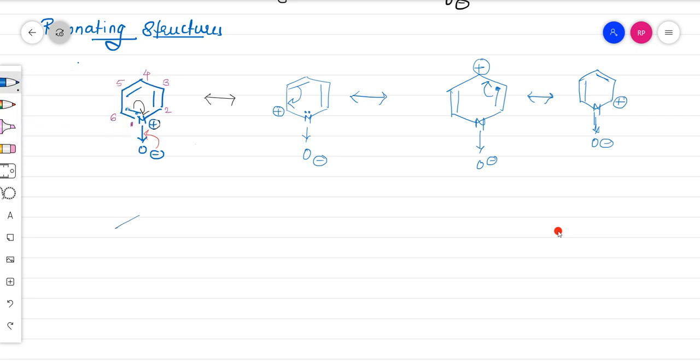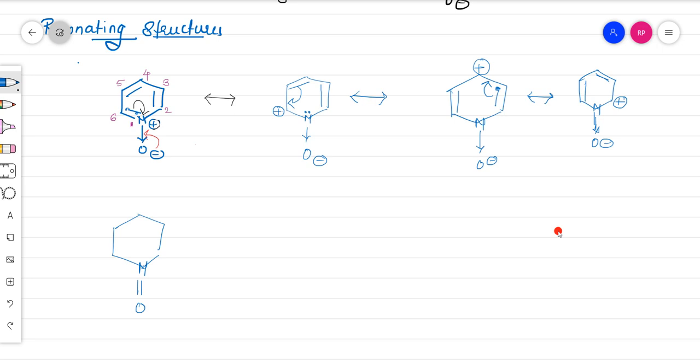Okay, so if these electrons shift, what will be your structure? Anyone? If I shifted these electrons from here, you're going to get something like this. Now oxygen has two bonds, so there won't be any charge on oxygen. Nitrogen has got its electrons, so what happens here?